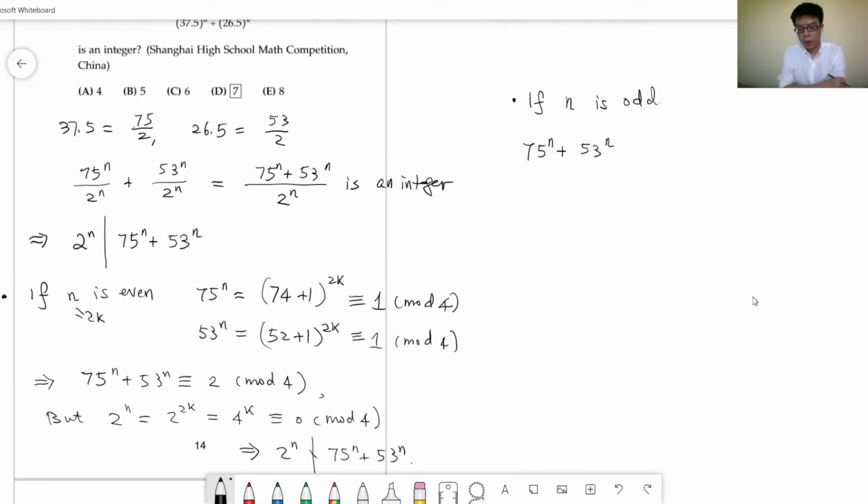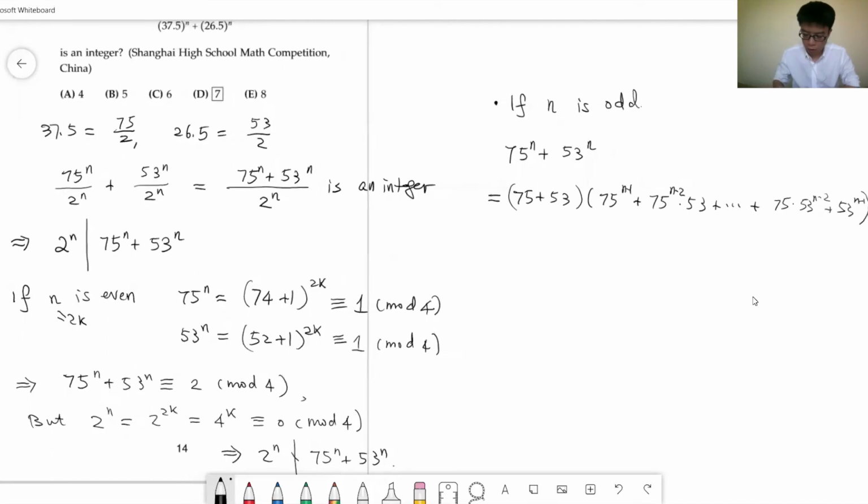We know for an odd power, this sum could be factored as follows: (75 plus 53) times (75^(n-1) plus 75^(n-2) times 53, dot dot dot, 75 times 53^(n-2), the last term is 53^(n-1)).